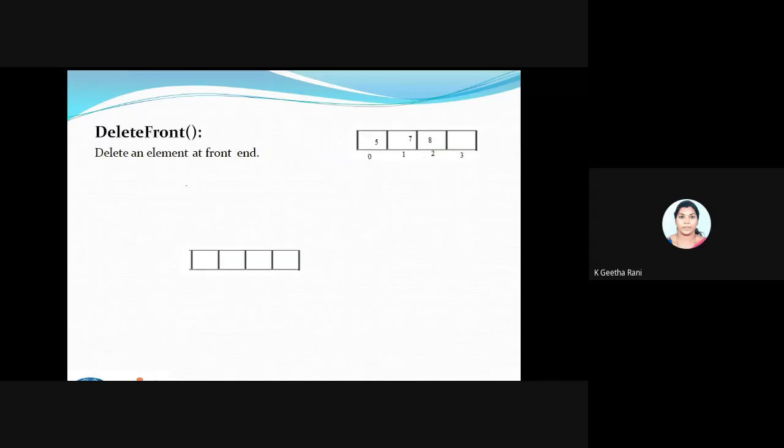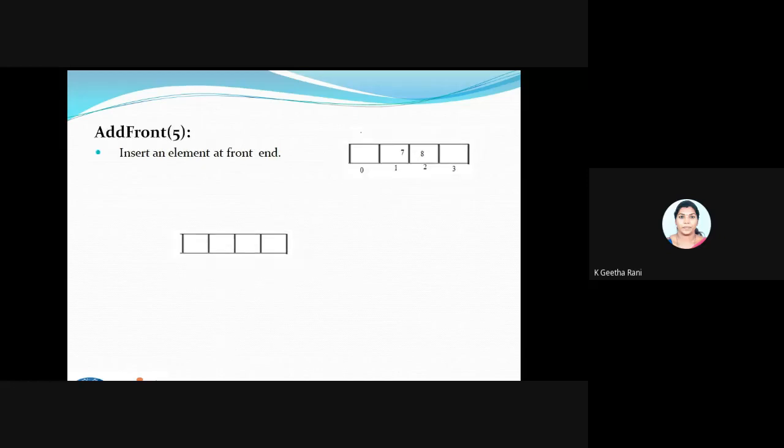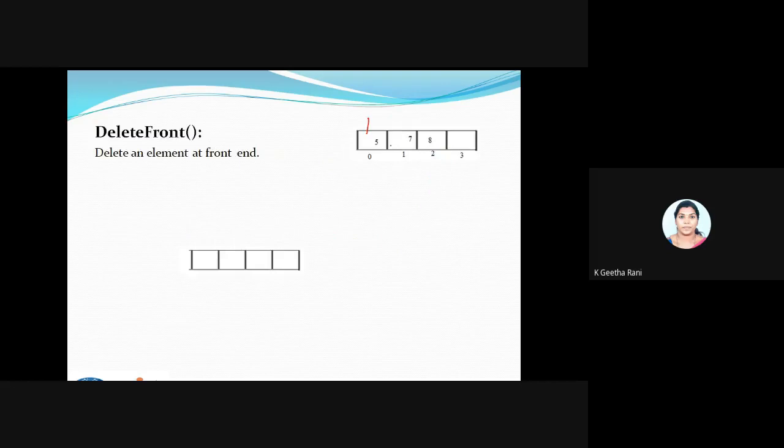And as usual, we know the last one. The last one will be the operation called delete front. Since we know how to move this, I have taken the same updated dequeue here. The f pointer is pointing to the first box and the rear is pointing to index 2.